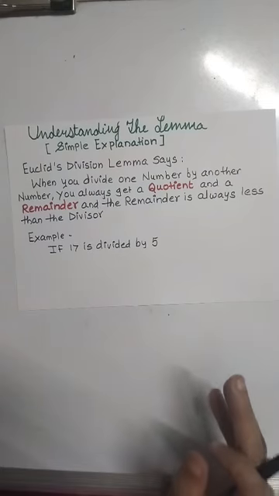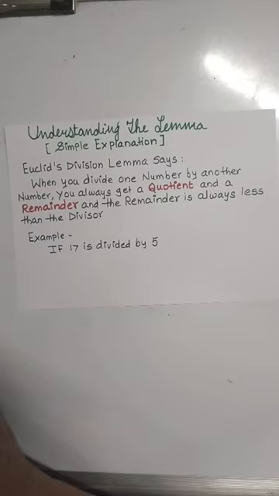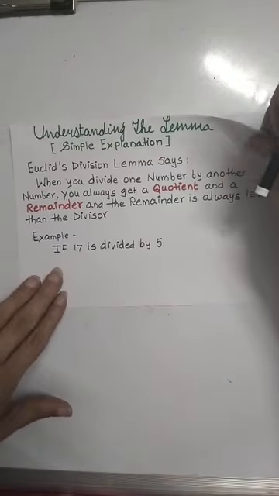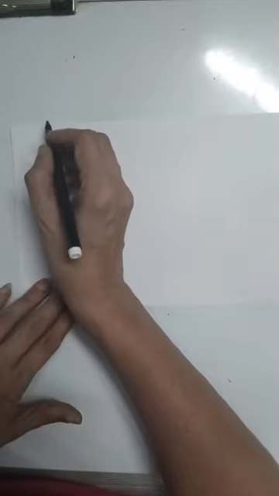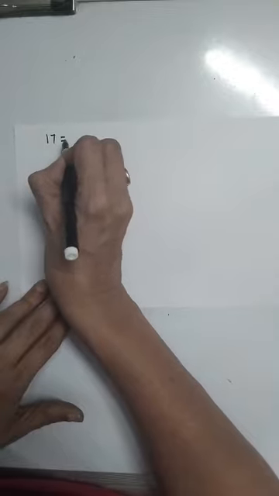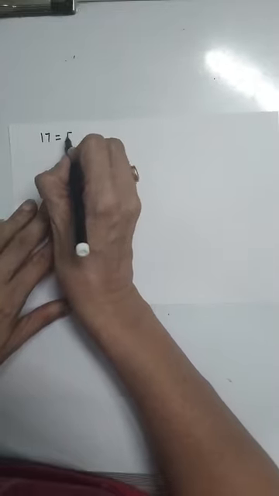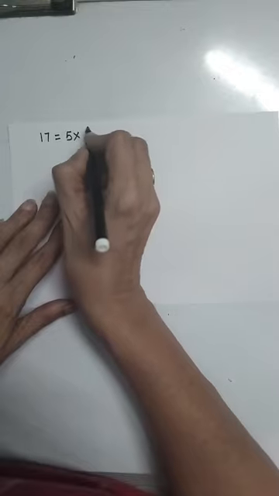If 17 is divided by 5, then let us solve it and see that the division lemma is applied here. So we start with 17, here 17 is a dividend, 5 is a divisor. So 17 is equal to, the nearest number in the table of 5 is 15.